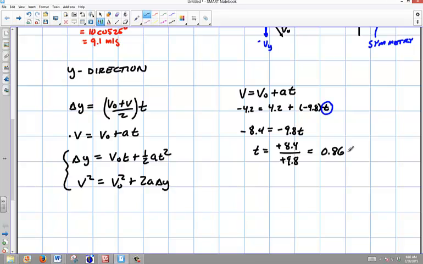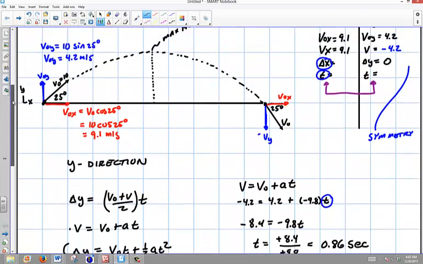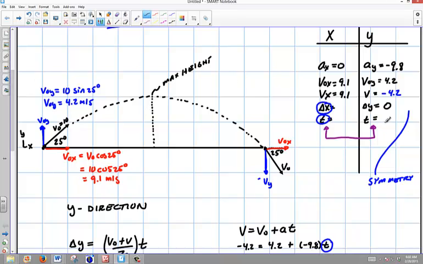And in this case, we're only going to get one physical real value, 0.86 seconds. So if I go back up here, I go to 0.86 seconds. So now I've found the first thing I'm looking for, time of flight.